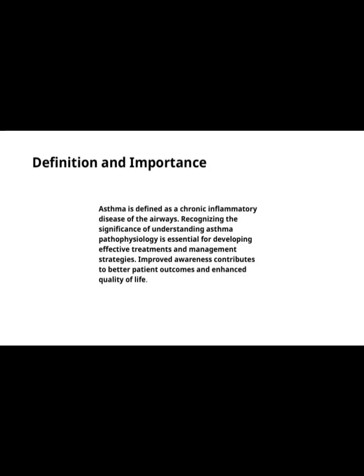This understanding isn't just academic, it directly impacts patient care. The more aware we are of how asthma works, the better we can tailor our approaches to improve outcomes. Ultimately, this leads to a better quality of life for those living with asthma. So, grasping this definition and its importance sets the foundation for everything else we'll explore in this presentation.